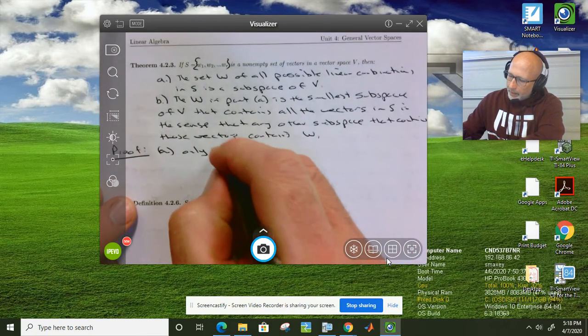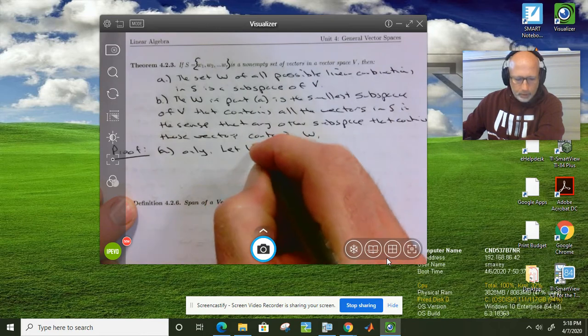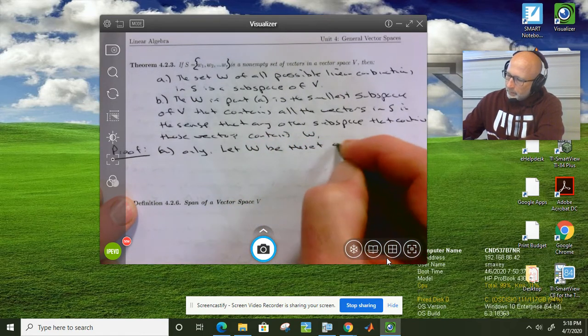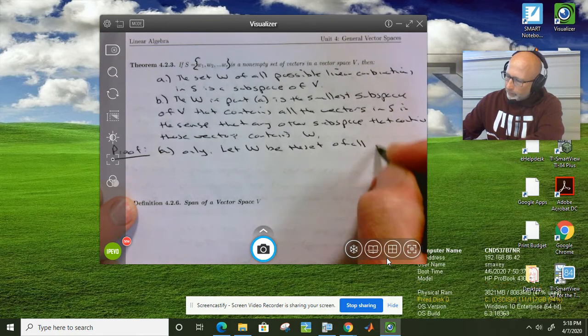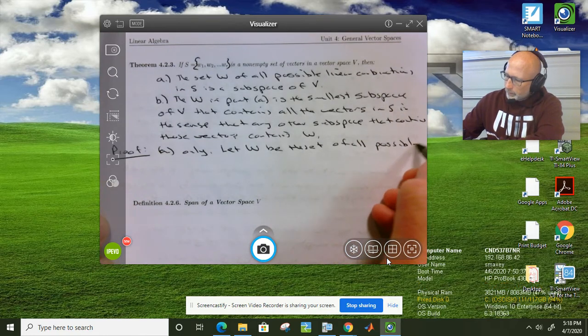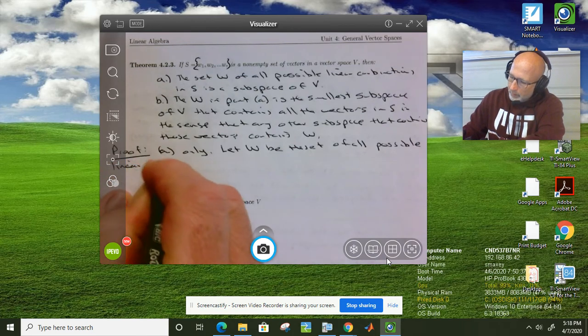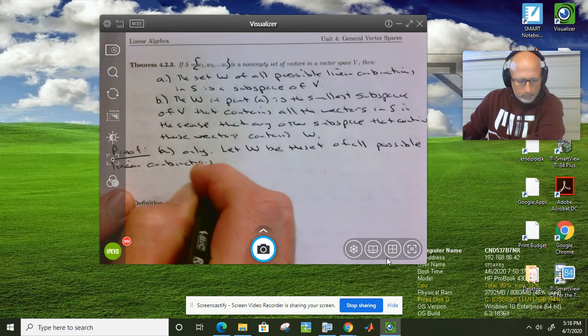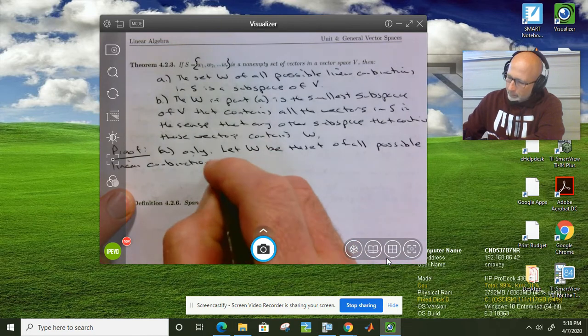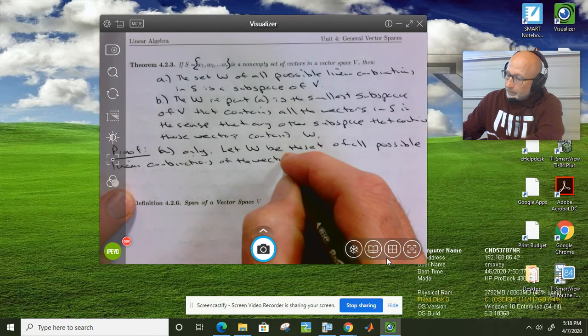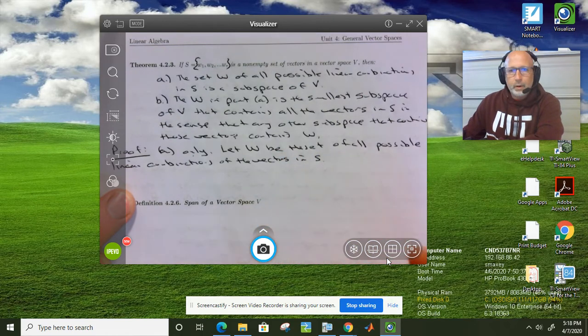So we're going to let W be the set of all possible linear combinations of the vectors in S. Okay, so we're going to take them all.